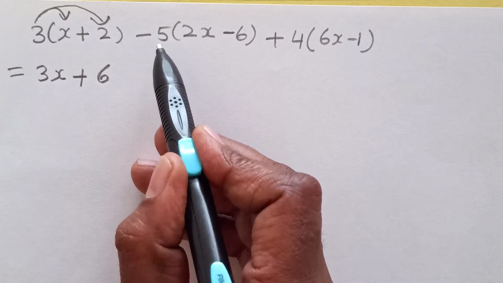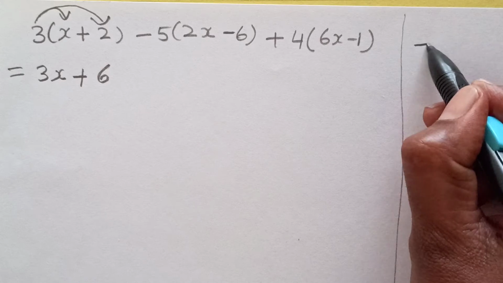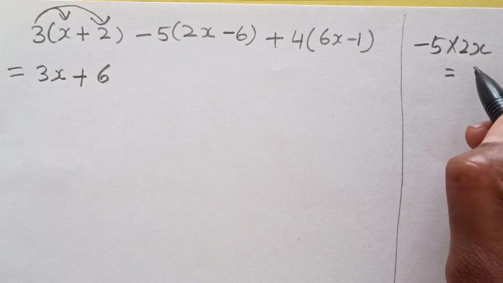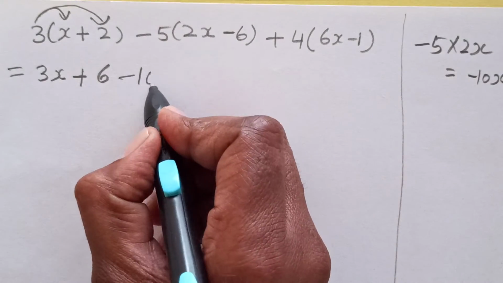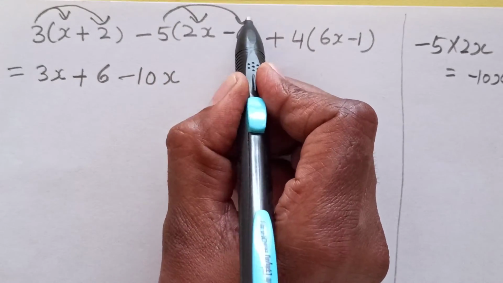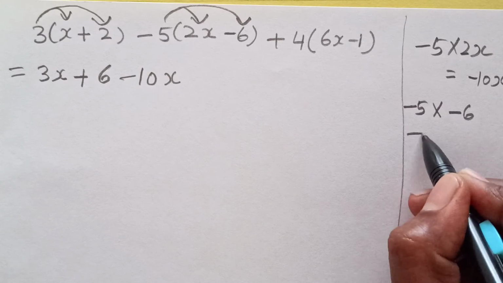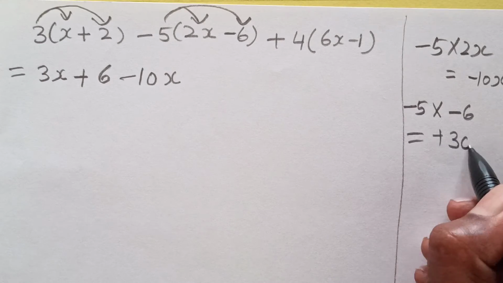Now you have to be careful. We have negative sign here outside. So negative 5 times 2x. So this will be negative 10x. With this, now the next one, negative 5 times negative 6. We have two negative signs together, so it will be now positive 30.